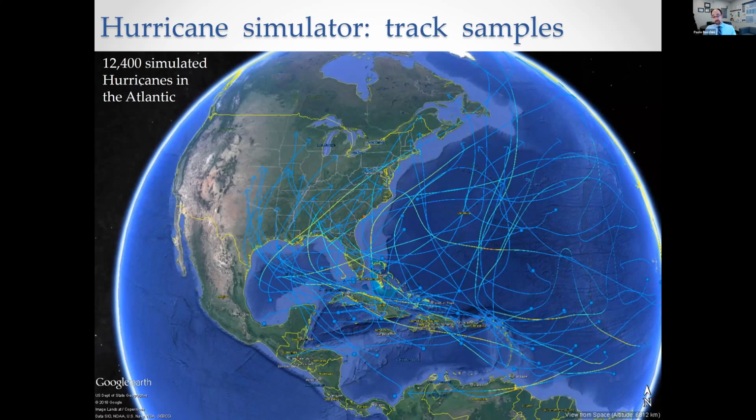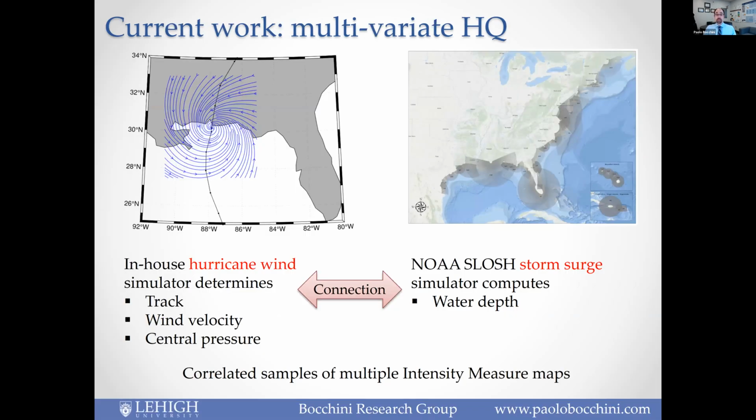So the reason why we really wanted the simulator is that we are combining it with NOAA's storm surge simulator, and we're trying to do what we call multivariate hazard quantization. So we're combining wind related intensity measures like sustained wind speed with a storm surge model.